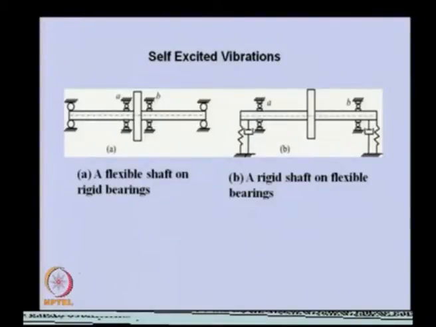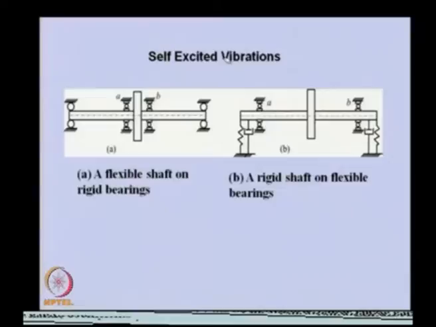Before going to the instability, let us understand what self-excited vibration is. We know that the excitation can come from an external source, which we call unbalance or any other kind of forced vibration.